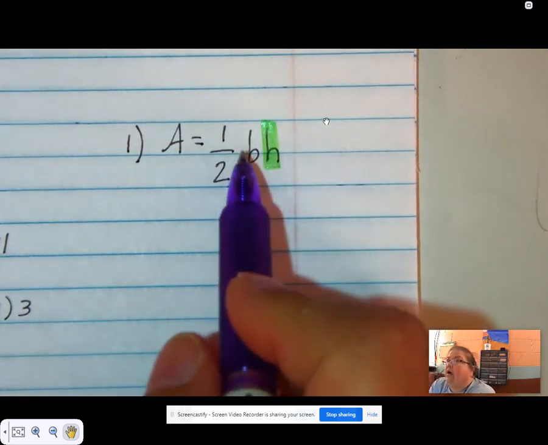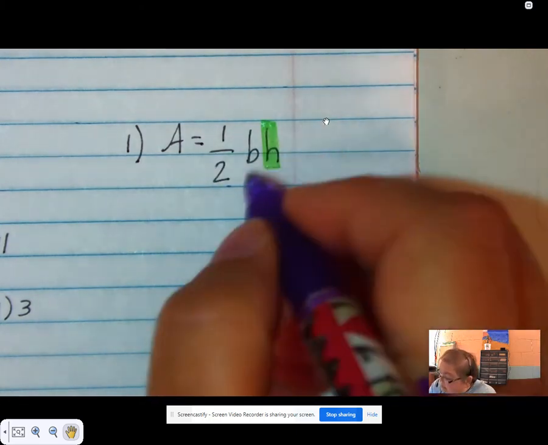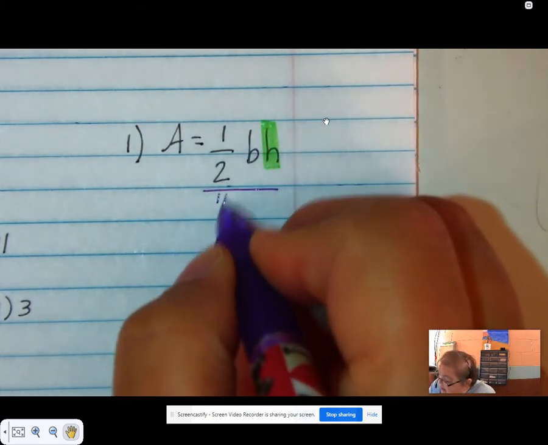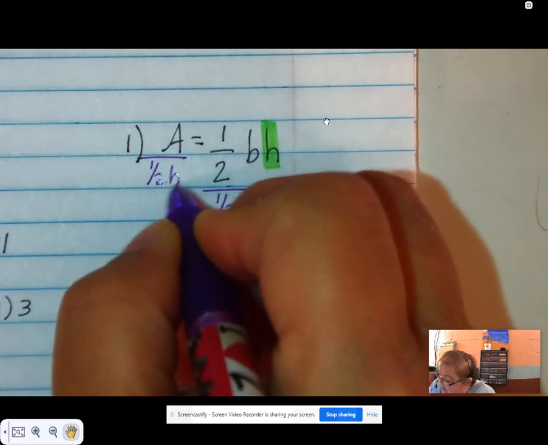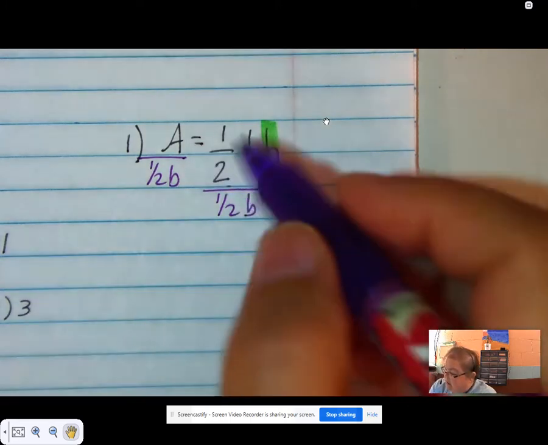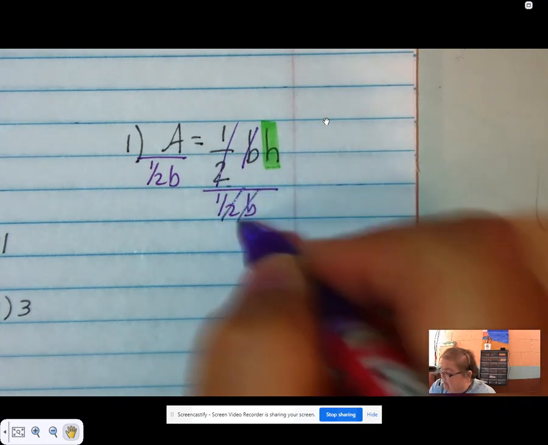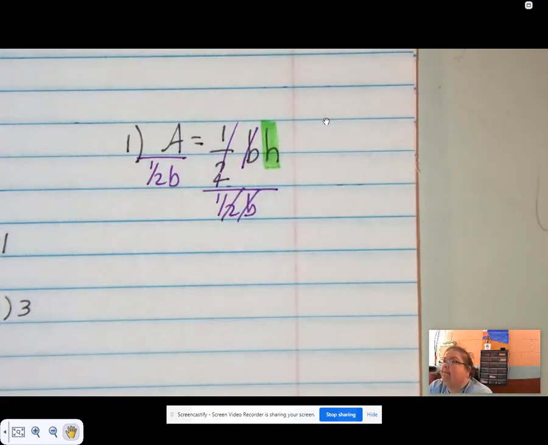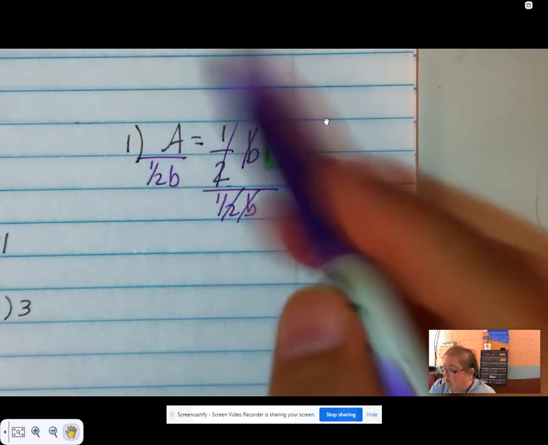So this is all multiplication. So I'm going to use division to get rid of the other 2. Divide by 1/2 b. These are going to go away on this side. And what's going to happen with this 1/2?